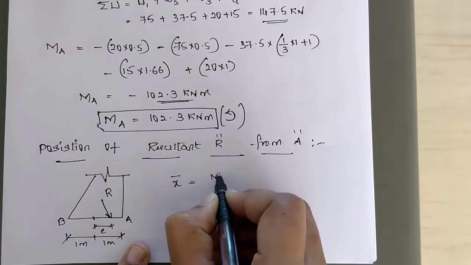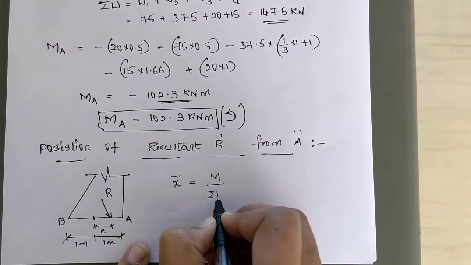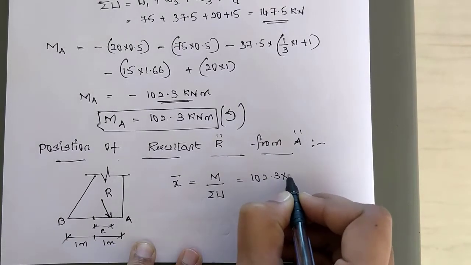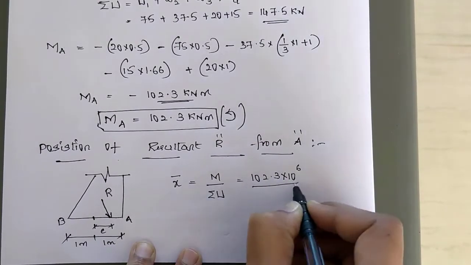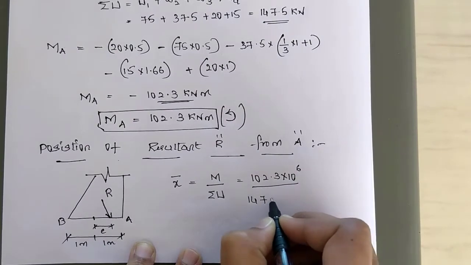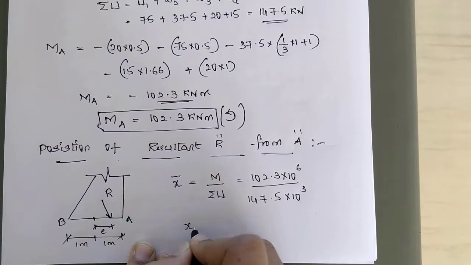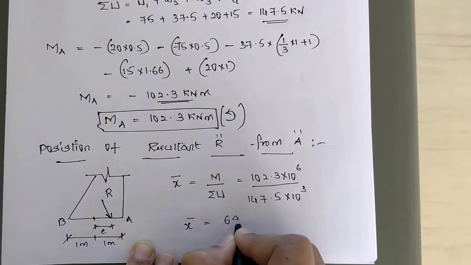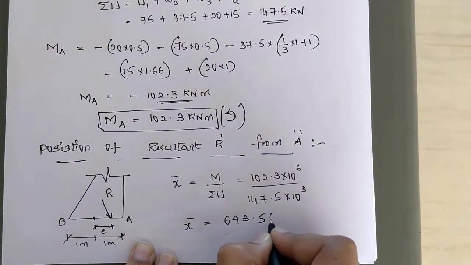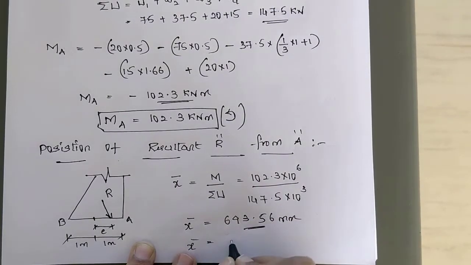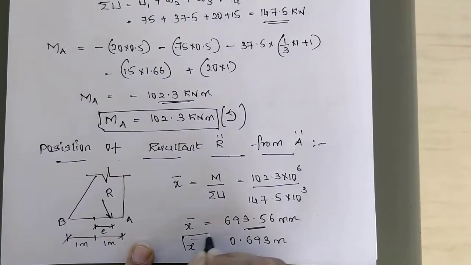It is given by M divided by summation W. M value is 102.3 into 10 to the power of 6. Summation W is 147.5 into 10 to the power of 3. Then you will get X bar as 693.56 mm. In terms of meter, X bar equals 0.693 meter.